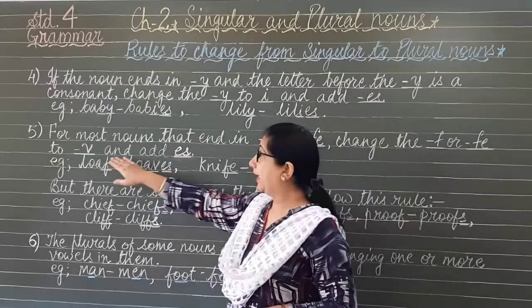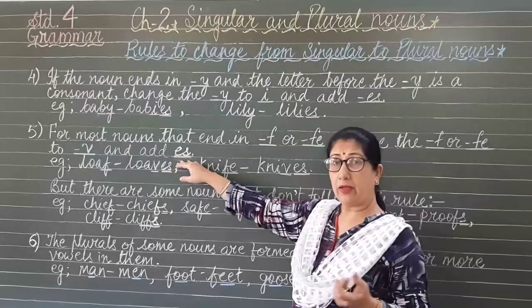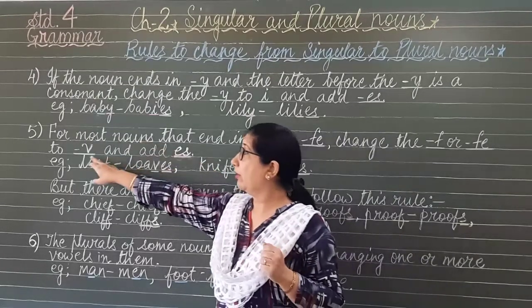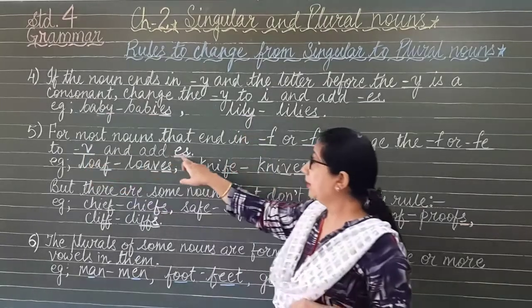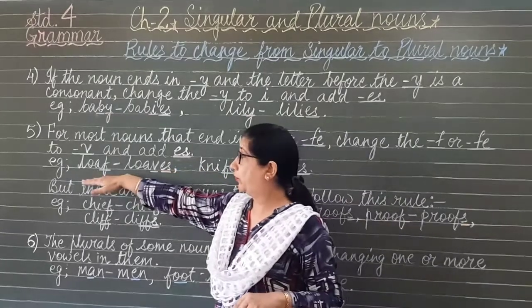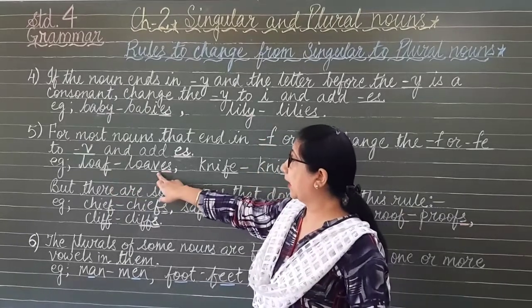Next rule is, for most nouns that end in f or fe, change the f or fe to v and add es. क्या करना है? अगर कोई वर्ड f या fe पर खत्म हो रहा है तो f और fe को हटाकर v लगाना है and add es after v. For example, loaf, last letter is f. तो f को हटाकर हमें क्या करना है?